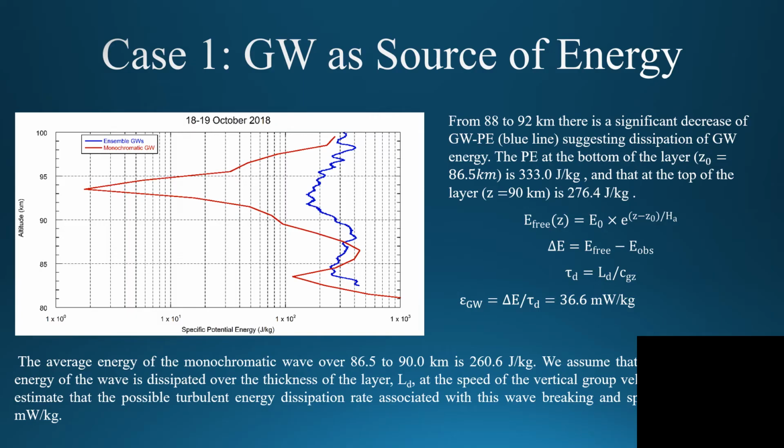Using the group velocity and the depth of the layer, we can estimate the energy deposited by the monochromatic wave at 35, which is also larger than the energy dissipation rate of turbulence.